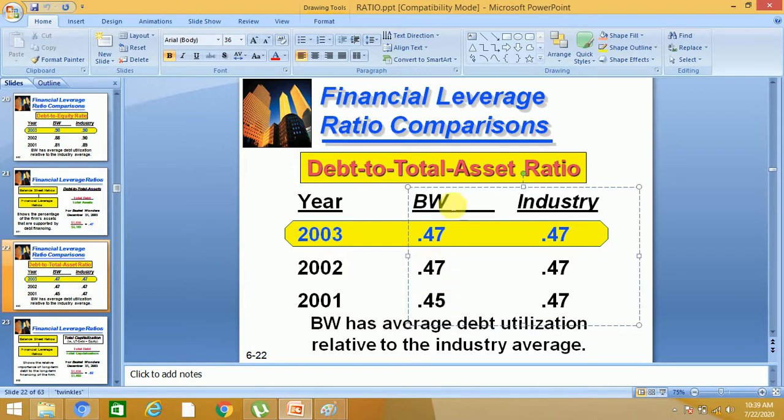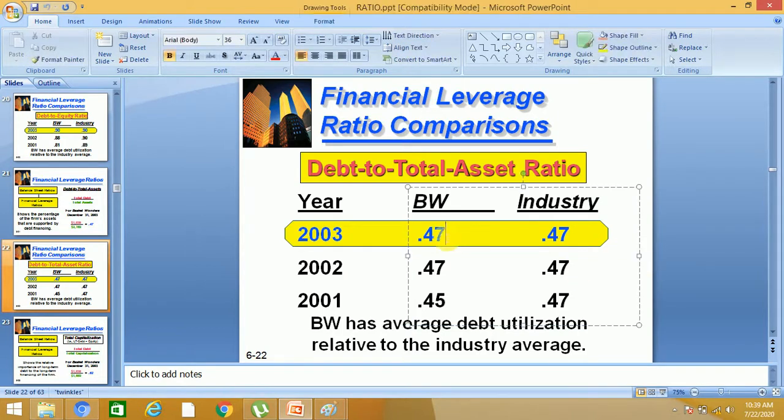So see, this is the internal analysis, comparing your present performance with the past performance. So the loan is increasing. Now check the industry: 45, 47, 47, 47, 47, 47.